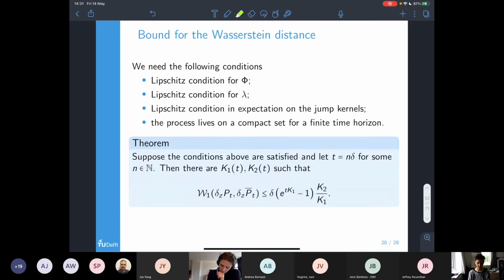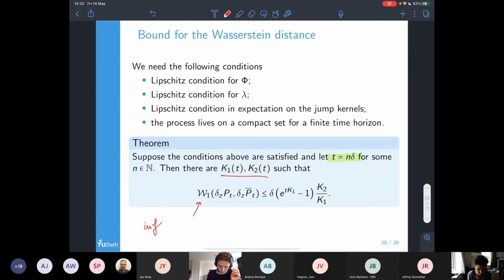We denote by t the time at the nth iteration of the process. So here we have a constant step size delta. And then there exist two constants, k1, k2, that only depend on the time horizon and not on delta. Here we're imagining a fixed time horizon, and the number of iterations we need to get there is not important at the moment. Then we have this sort of bound. Let's see what's inside this equation. By W1, I mean the Wasserstein distance of order 1.